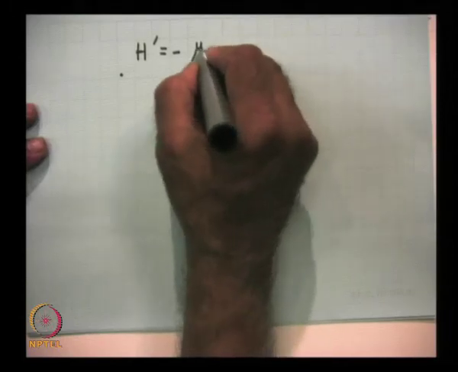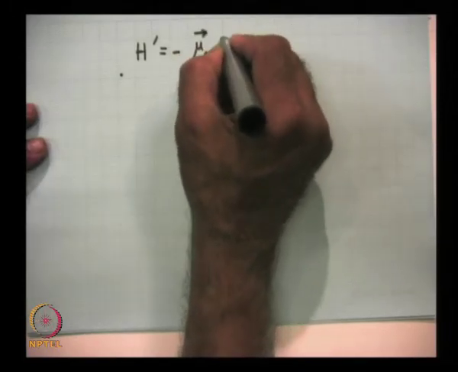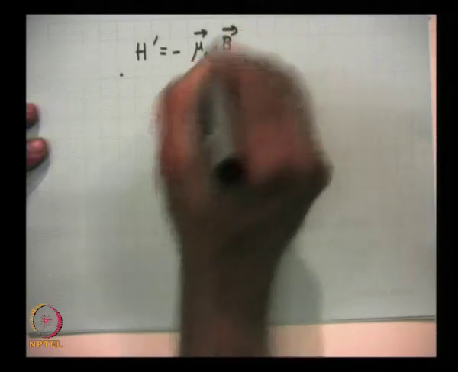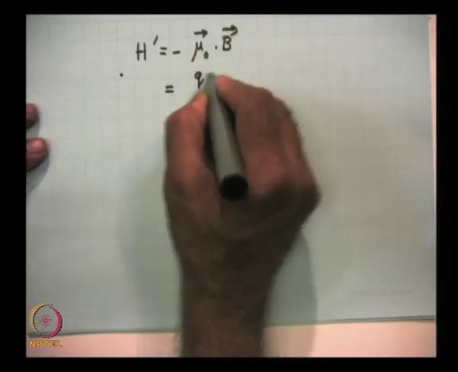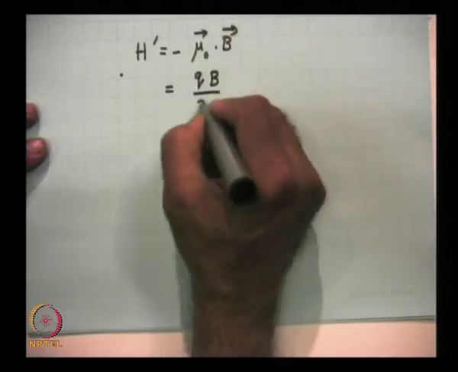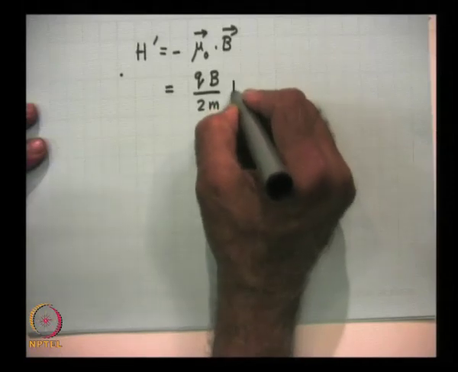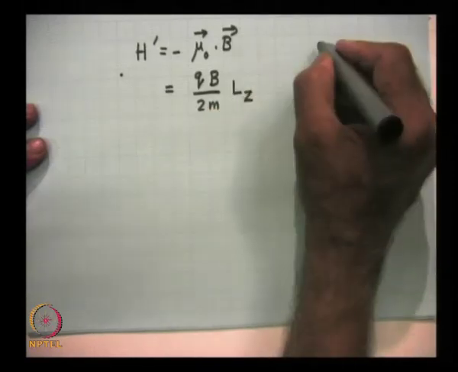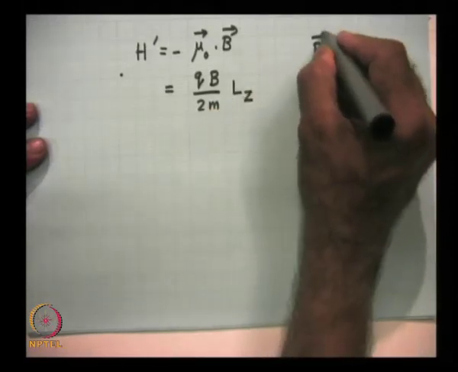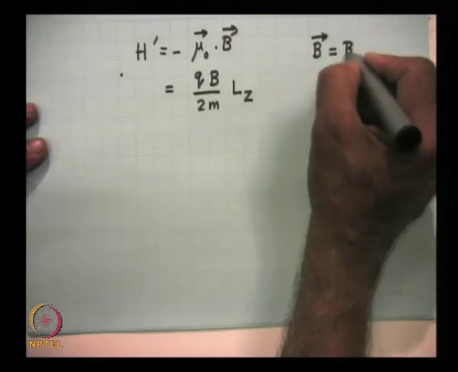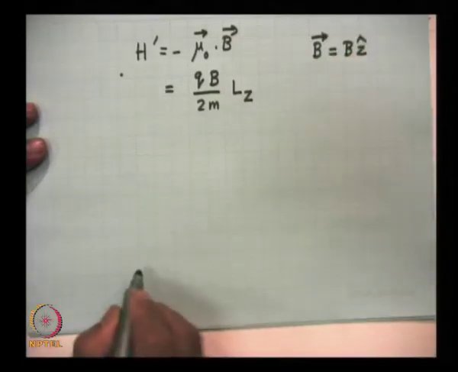due to the orbital motion of the electron multiplied by B, and this comes out to be plus qB by 2m, where m is the mass of the electron, multiplied by Lz. I am assuming that the B field is in the z direction.